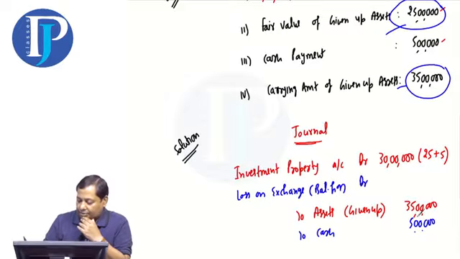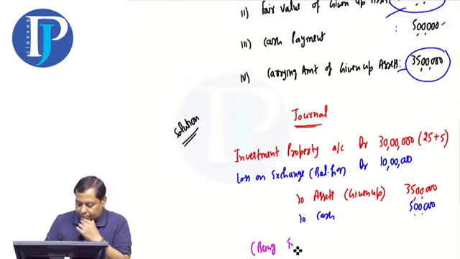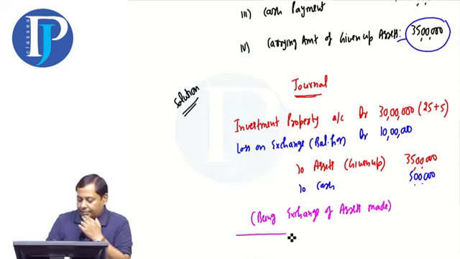I was concerned due to this, but I found the difference in the entry. Being exchange of assets made.